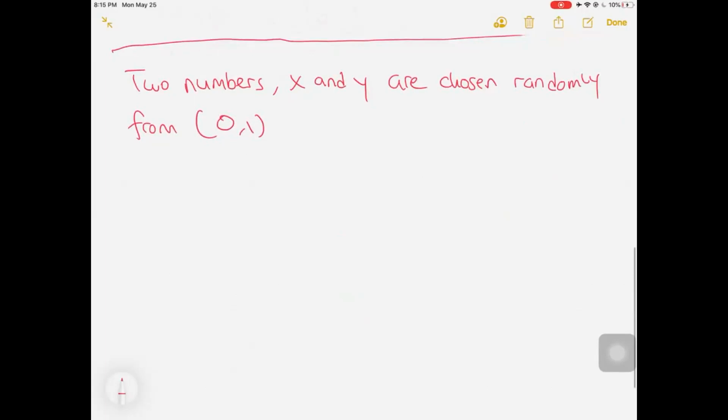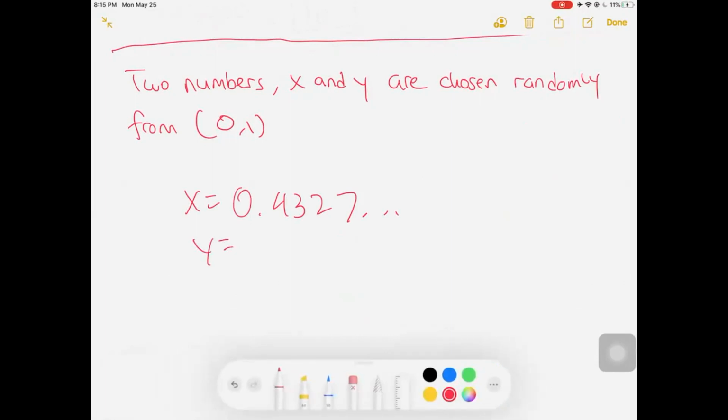What this means is X can be any number between 0 and 1, like 0.4243. It can be anything. And similarly, Y can also be anything that is randomly selected.